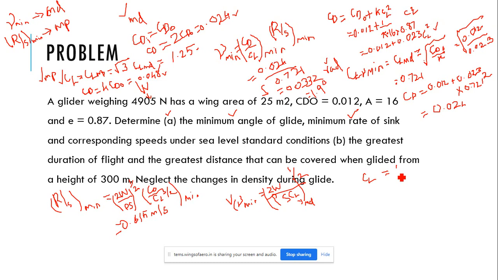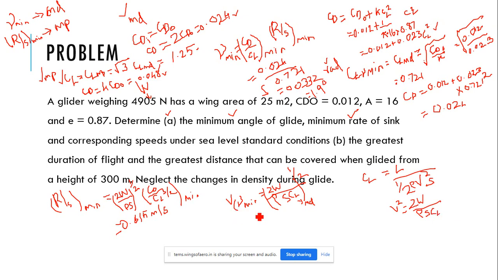CL is equal to L divided by half rho V square S. So from that V square equals, and here we can substitute L equal to W, 2W divided by rho S into CL.